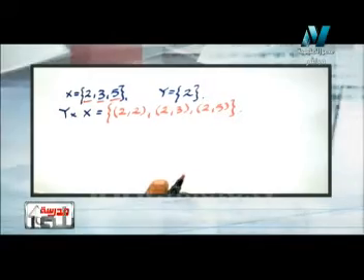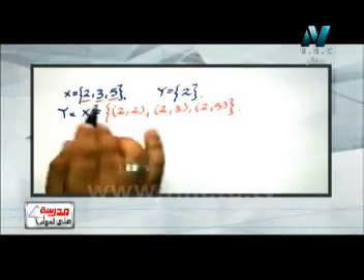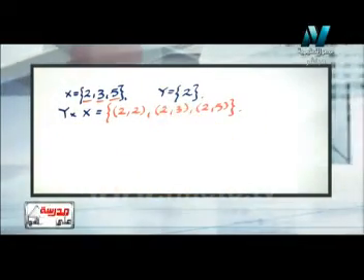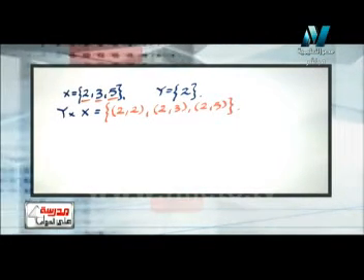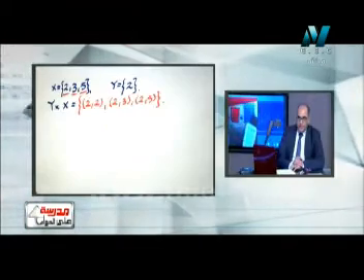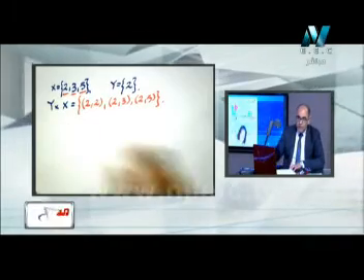If you want to say something here, you have the set of x with elements 2, 3, 5, and the set of y with only one element, which is 2. If I want to ask a question, what's the number of elements of x?